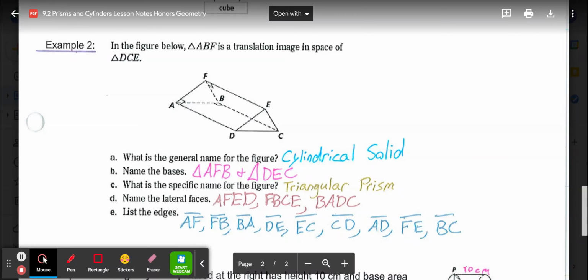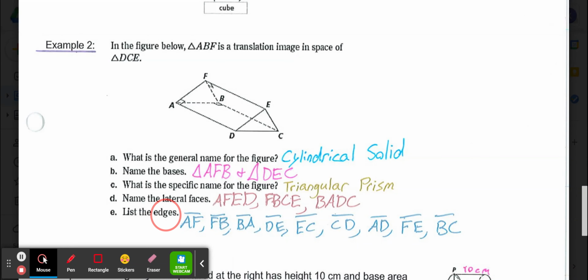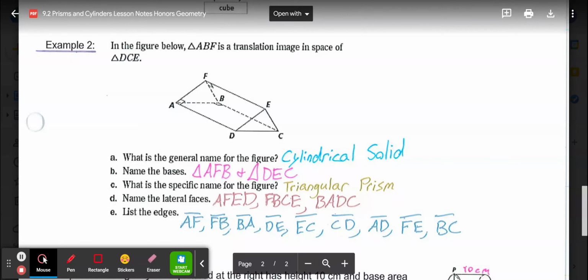And the edges would be any of these seams, segments, where our faces meet. So we'd have segment AF, FB, BA, DE, EC, CD, AD, FE, and BC. All of those are different edges.